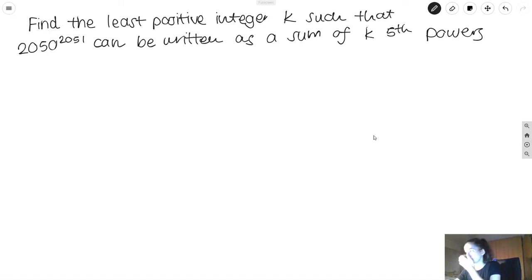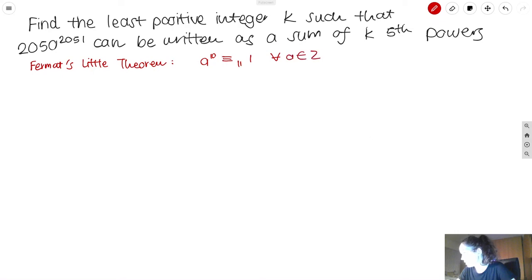So firstly, let's look at Fermat's little theorem. Fermat's little theorem says, so we're going to take p is equal to 11. Then we will have a to the power of 10 is congruent to 1 mod 11, for all integers a where the GCD of a and 11 is 1.